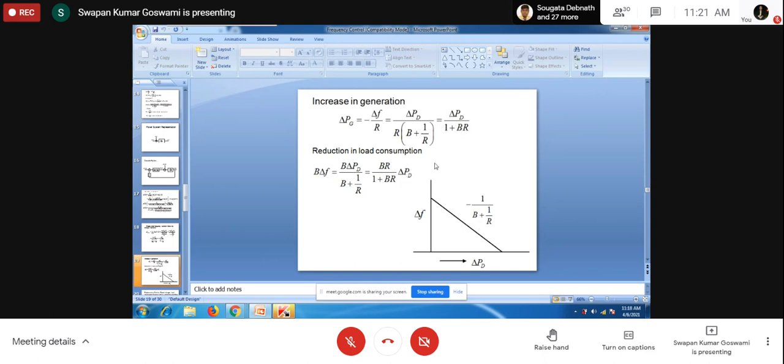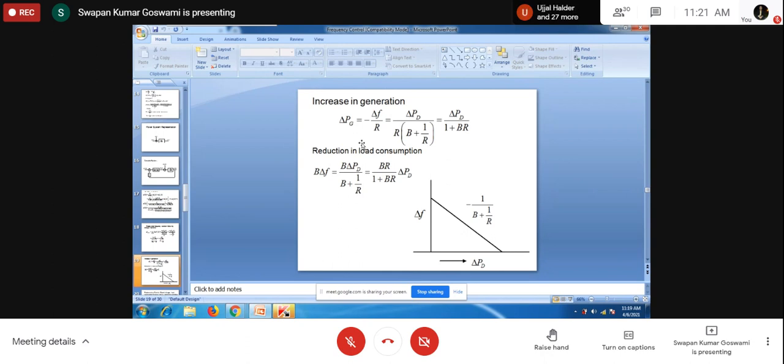That means you see how the increased demand is being supplied by the system. How is it being supplied? We are talking about the final steady state. What is happening at the end? When the new steady state is arrived at, after the change in frequency, that means when somebody has switched on a load, as a result the frequency has changed.